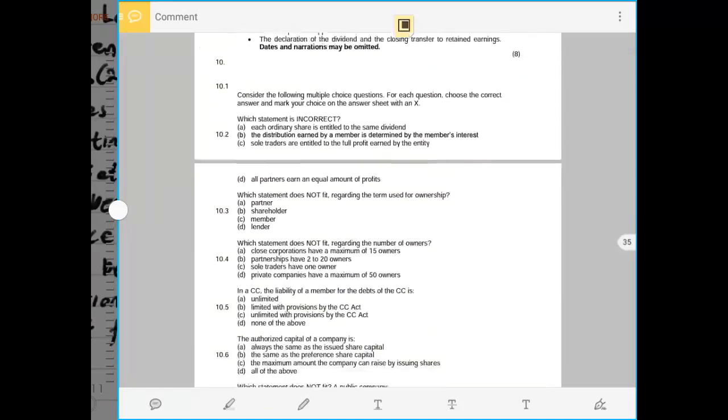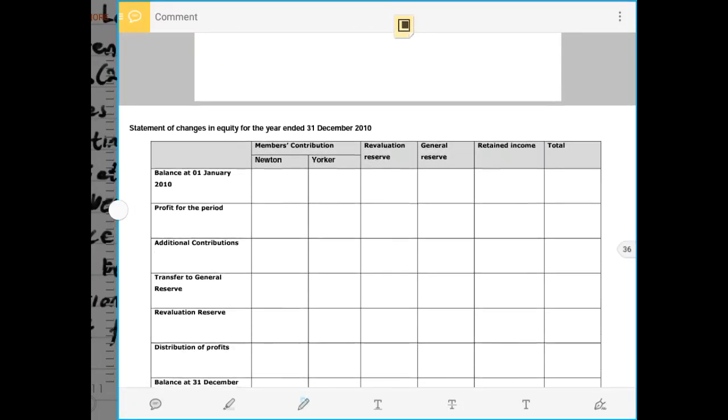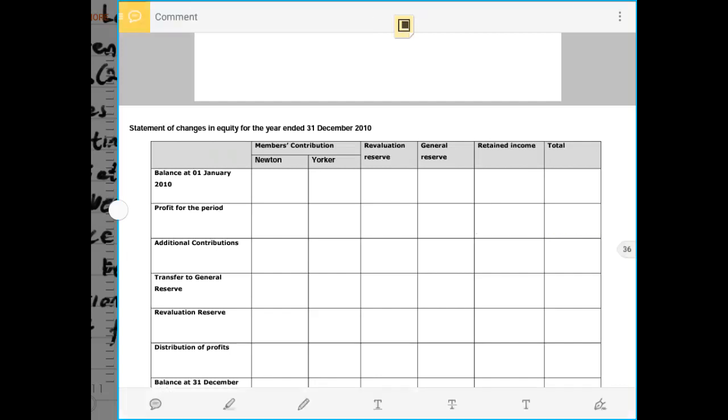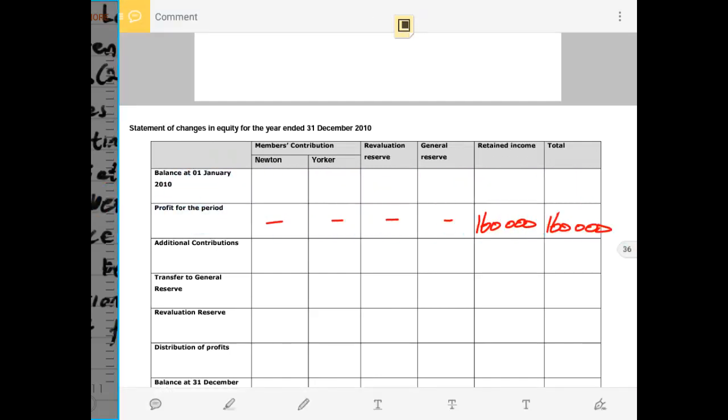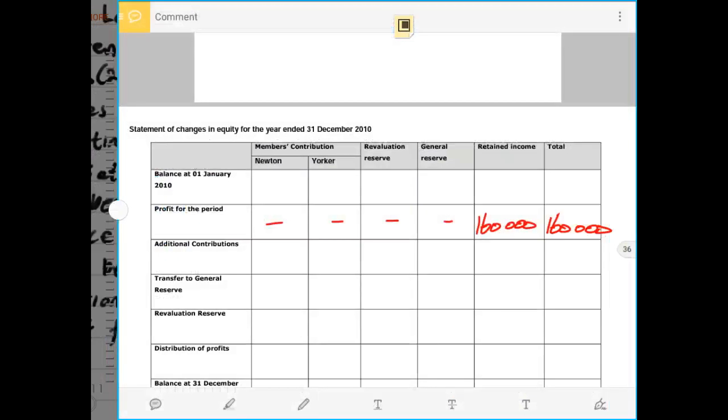In the statement of changes in equity, we record the profit for the period straight as it is under retained earnings, 160,000 rands, and under total 160,000 rands, which comes from the profit statement.